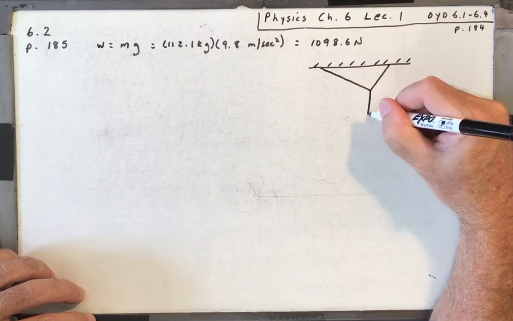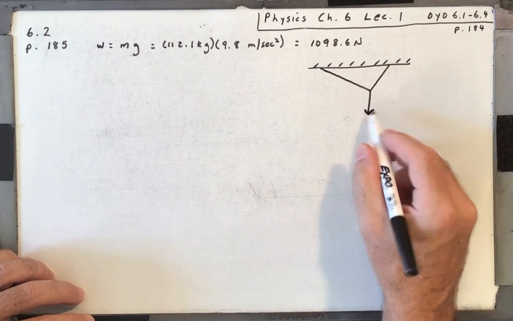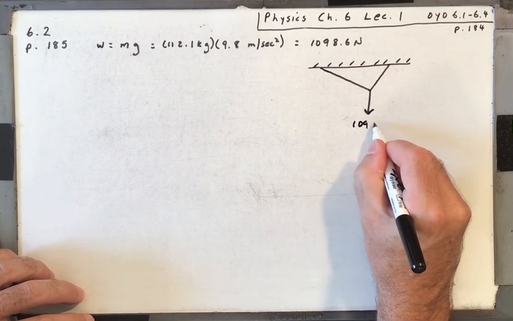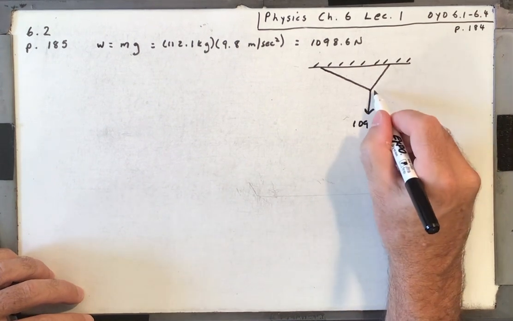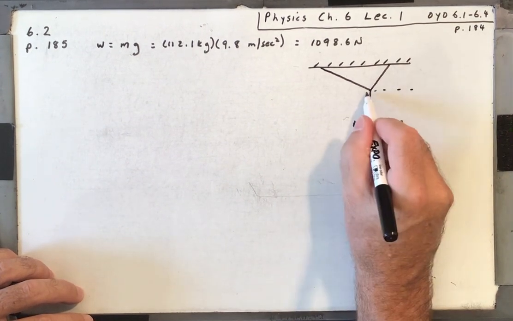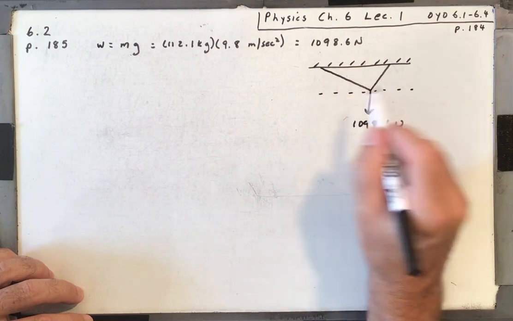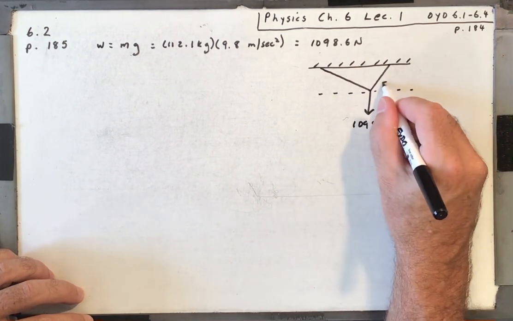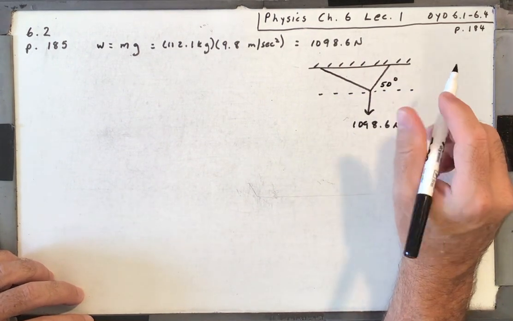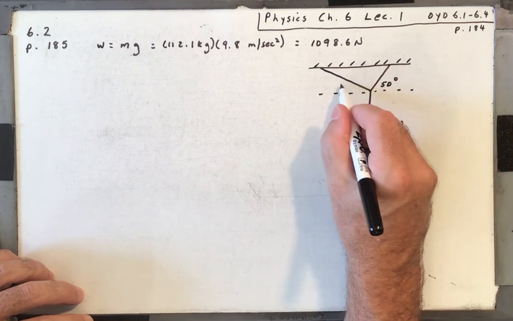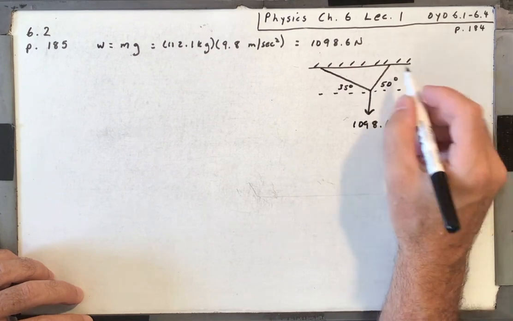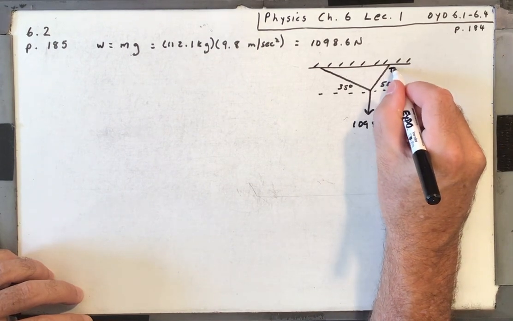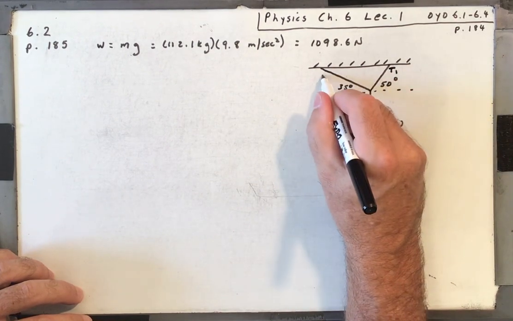And then the sign is going straight down, and that's 1,098.6 newtons. And we know that with respect to the x-axis, it shows that this is 50 degrees and that this is 35 degrees. Now, you can name them what you want, but I'm going to call this line T1 and this line T2.